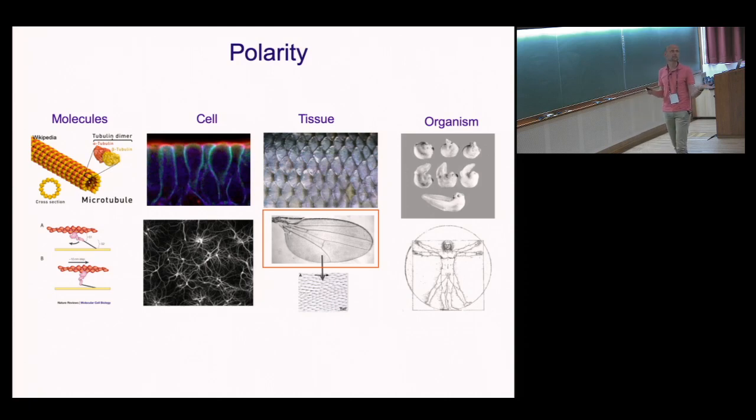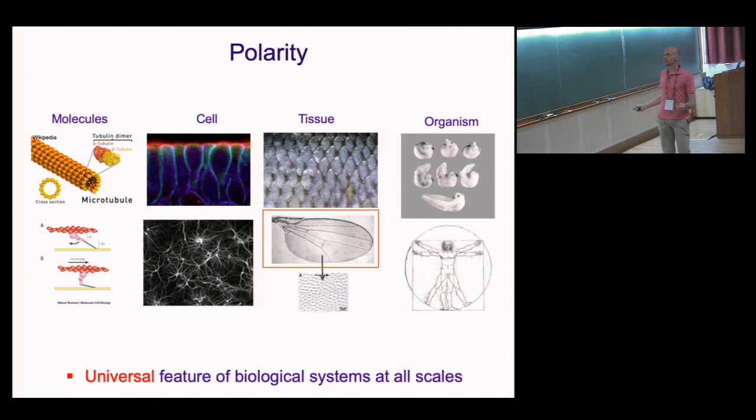Needless to say, the body axis of all multicellular animals is also polarized. So I think it is fair to state that polarity is in a way a design principle of biological systems, and it is apparent at all scales of biological information.